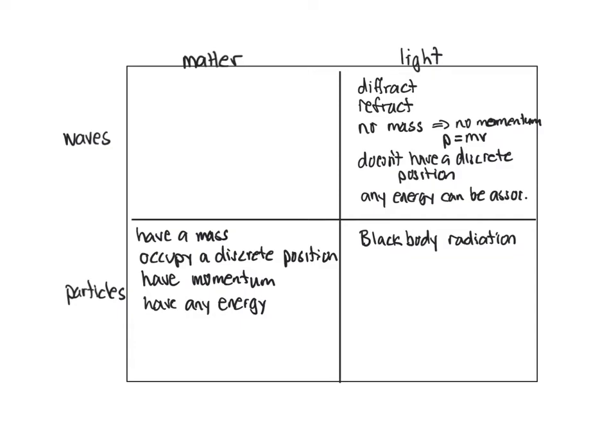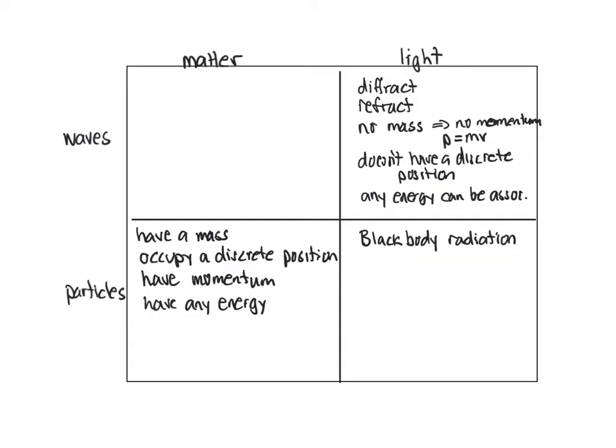If we look at the intensity of light that comes off of a glowing body like the sun as a function of wavelength, so a spectrum of the sun, the classical view of light would say that the higher the frequency, or the smaller the wavelength, the more energy, the more intensity we should have.